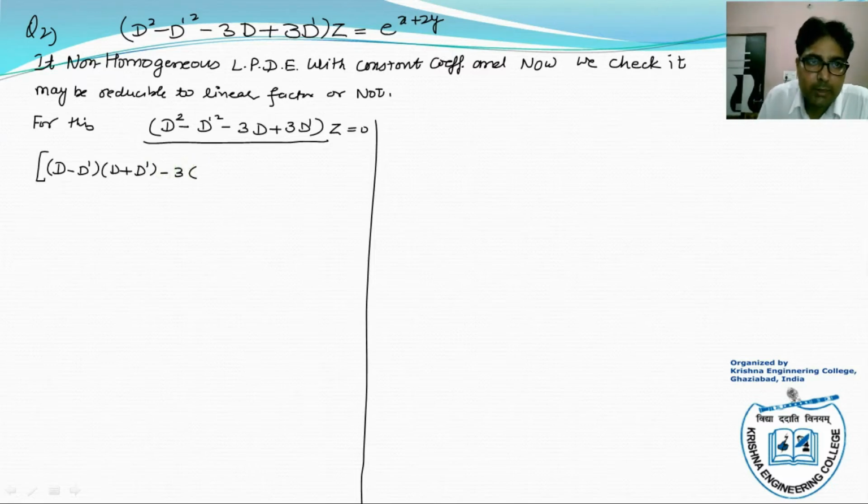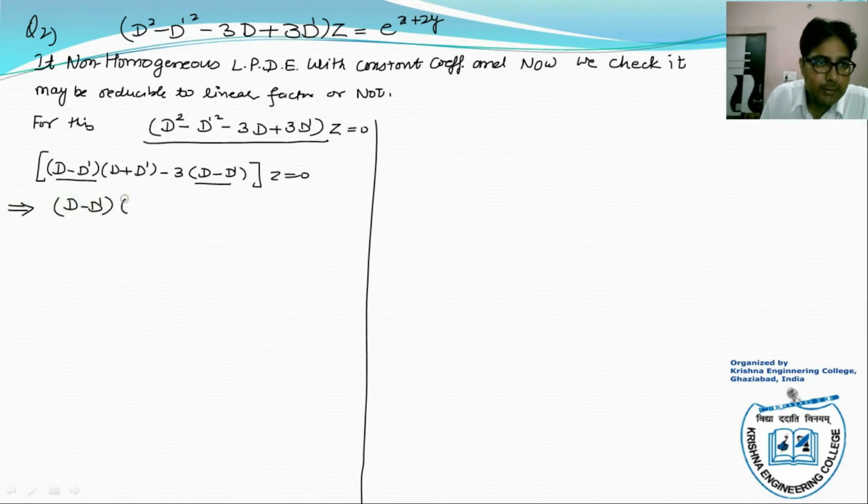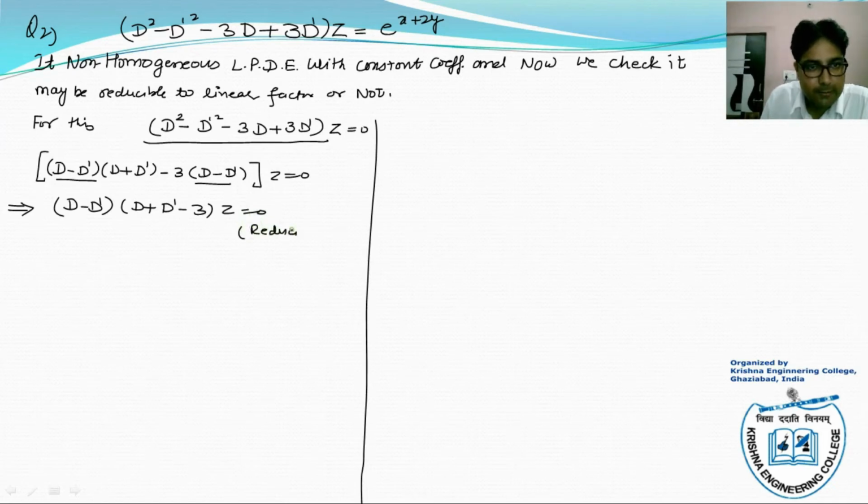Take minus 3 common, then this becomes D minus D dash, z equal to 0. Take D minus D dash common throughout this equation. So we get D minus D dash, and D plus D dash minus 3 is equal to 0. So it is reducible to linear factors. Clear?